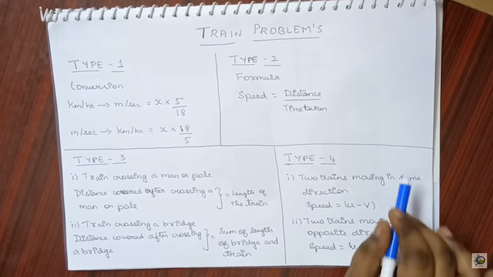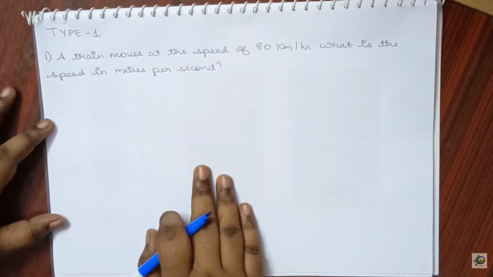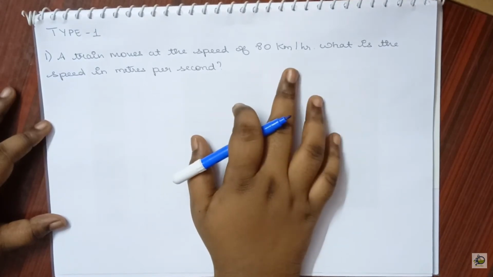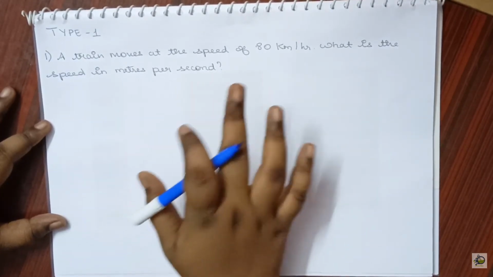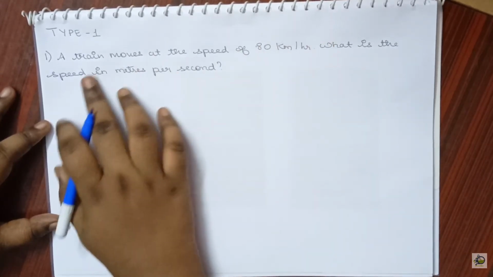Okay, let's start with type 1 and see how to solve these kinds of problems. Let's see a problem. A train moves at the speed of 80 km per hour. What is the speed in meters per second? So we have to convert this kilometer per hour to meter per second.